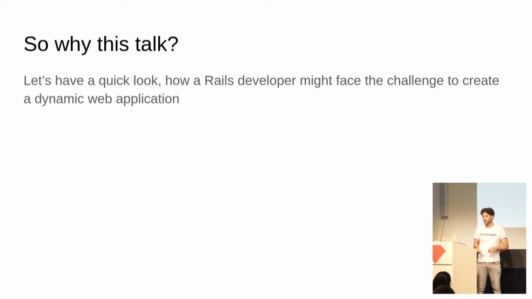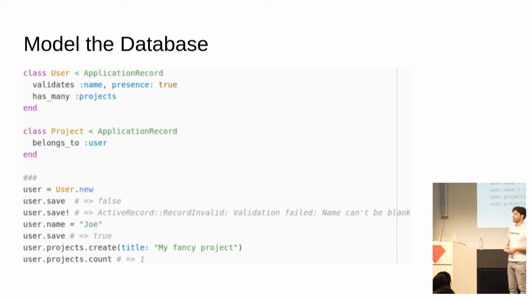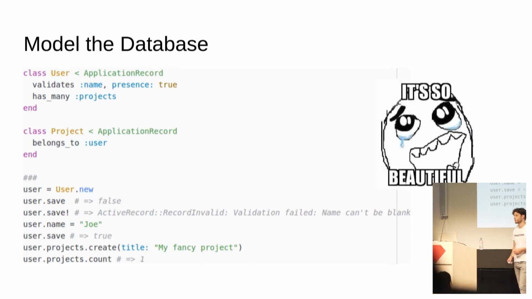Let's have a look at how a Rails developer faces the challenge of creating a dynamic user interface, and how much of Ruby he can use while facing this challenge. So we model a database. We use Active Record, and it's very beautiful. We love it.